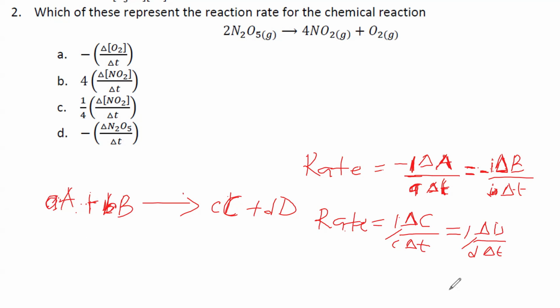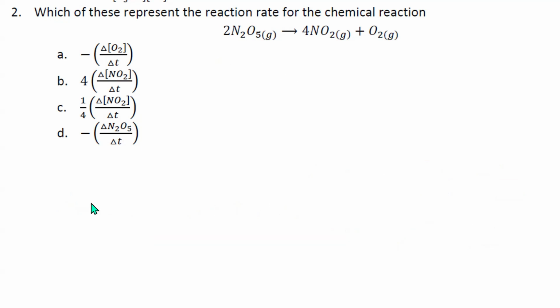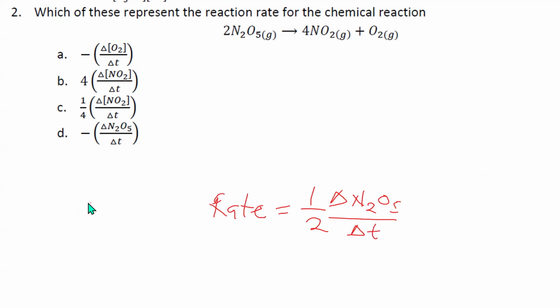And I think you can see clearly here, if we are to measure the concentration of the reactant, the rate for this reaction is now going to be, rate is equal to 1 over 2 times the change in N2O5 divided by the change in time, but it is going to be negative.